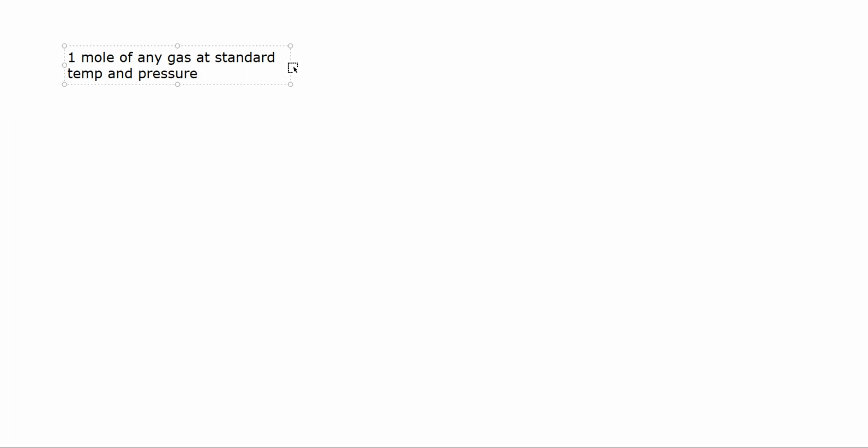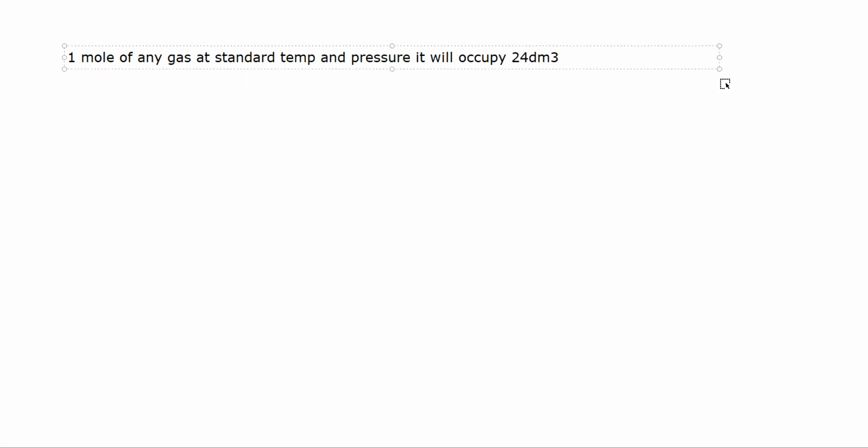So if you have 1 mole of any gas, it will occupy 24 decimeter cube. This is the space which is occupied by 1 mole of any gas. Like for example, nitrogen. Nitrogen is N2.